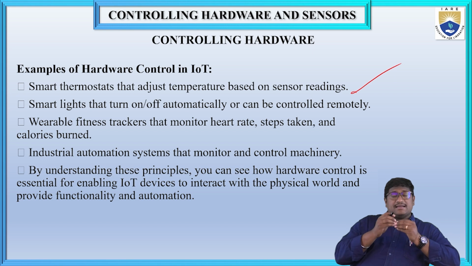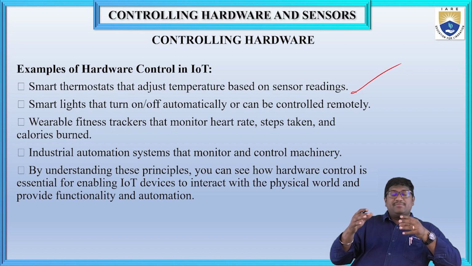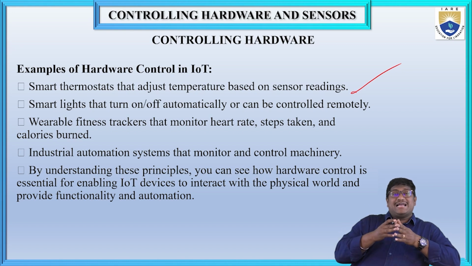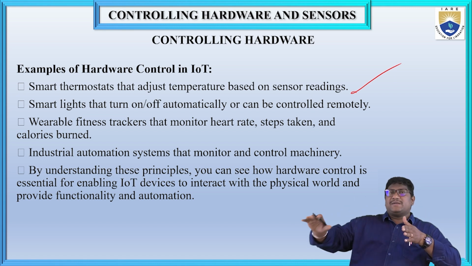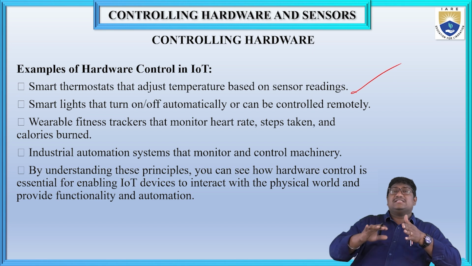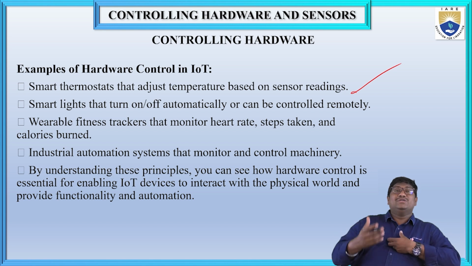Based on this particular reading, I want 24 to sit very comfortably. So automatically, based on the reading, the smart thermostat is going to adjust to 24. Whatever the temperature is outside doesn't matter. These smart thermostats adjust the temperature based on our sensor reading. That is how smart IoT is.